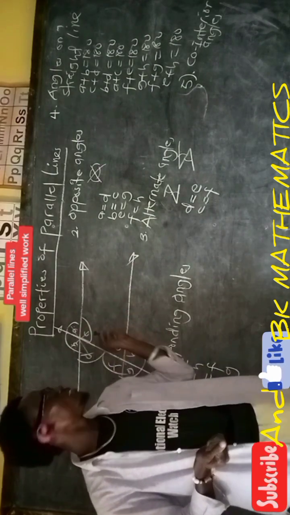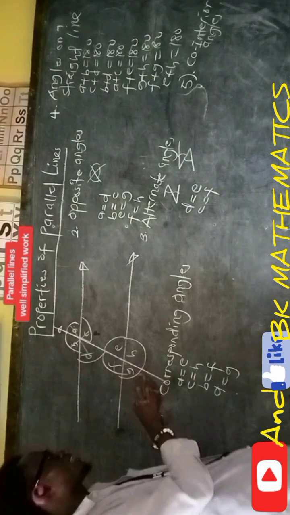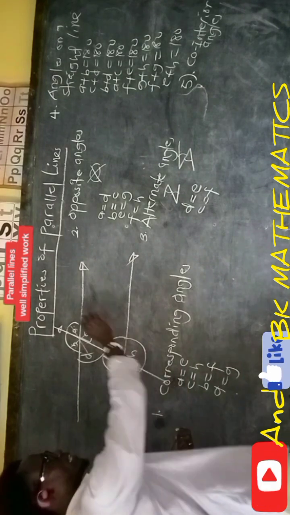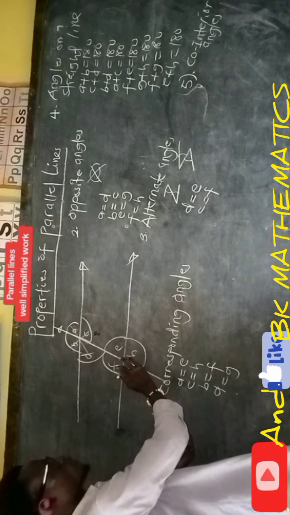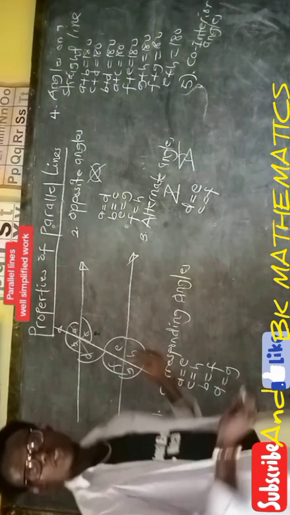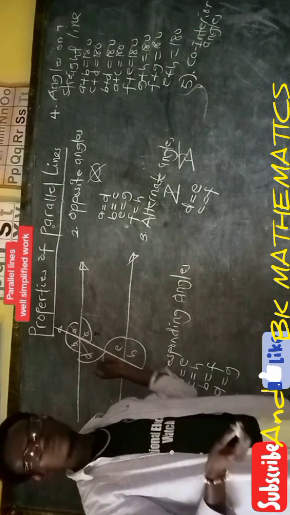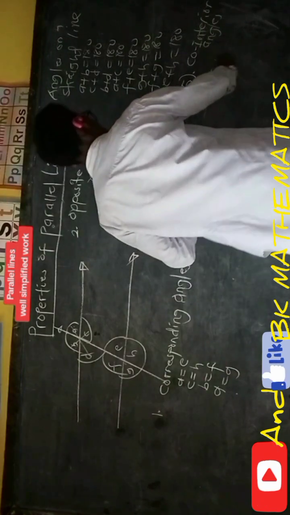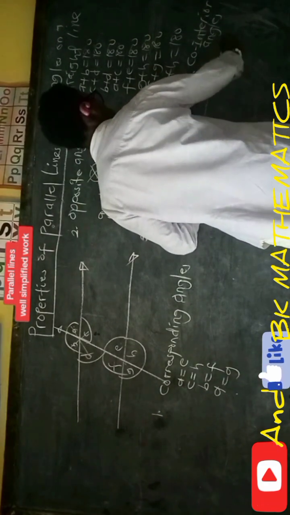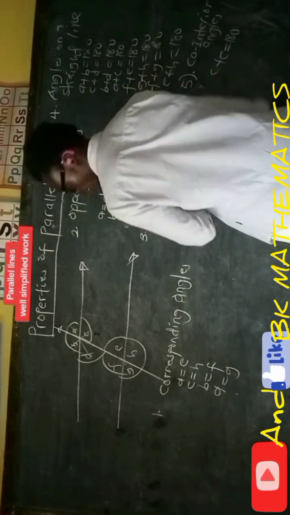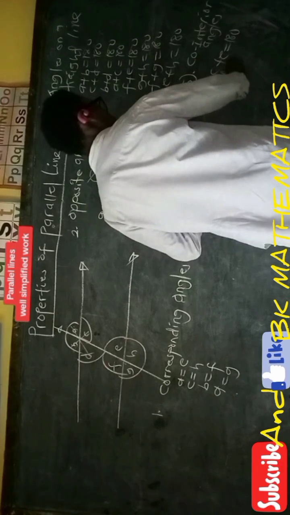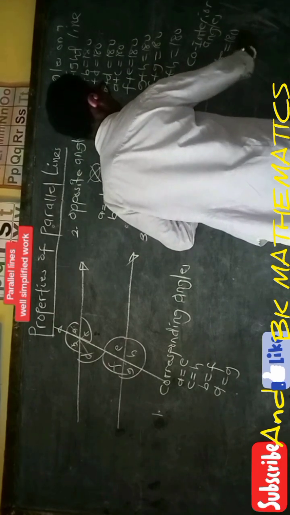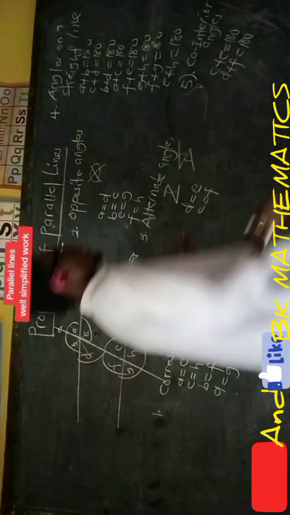Now from this parallel diagram, we know C and E are inside angles and D and F also are inside angles. Remember, they sum up to 180 degrees. Then we say C plus E is equal to 180 degrees, and D plus F is also equal to 180 degrees. The reason being they are co-interior angles.